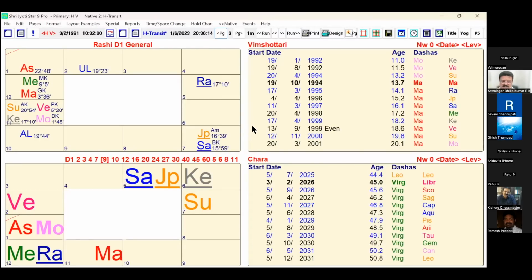Why 3rd and 8th? Depending upon the two house combinations, you can get a lot of clues. What is special about 3 and 8? One word that unites 3 and 8. Longevity, sir. Exactly. Ayush under question, right? And that is behind the Dashanath.